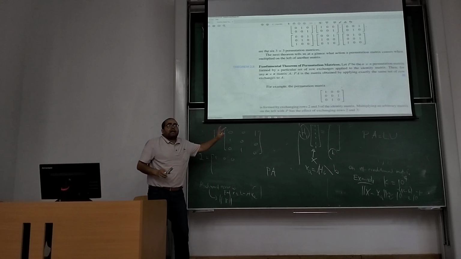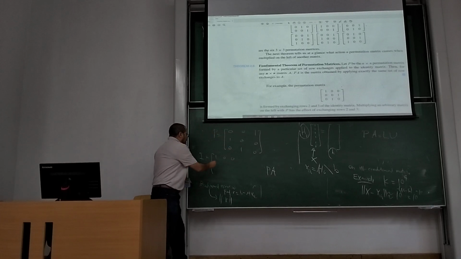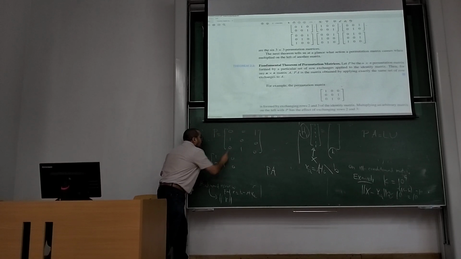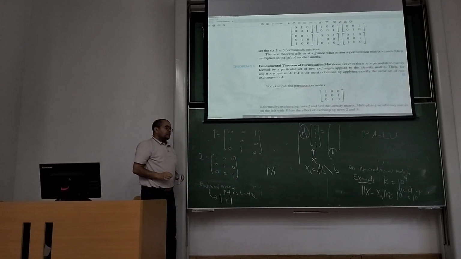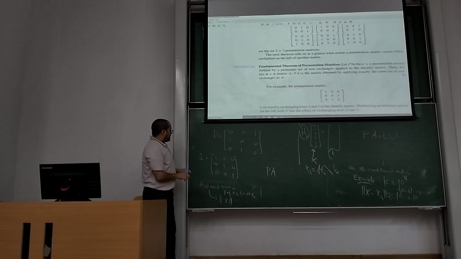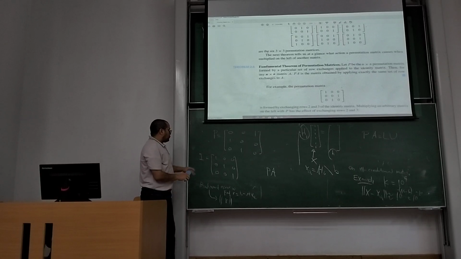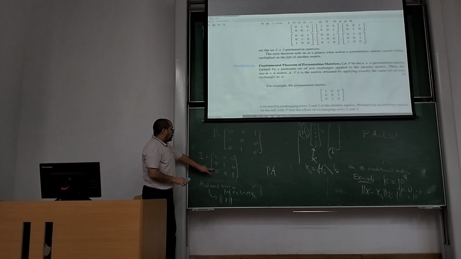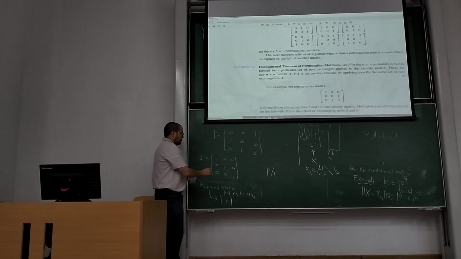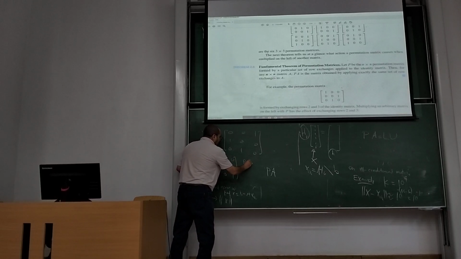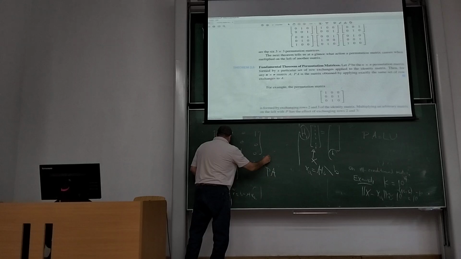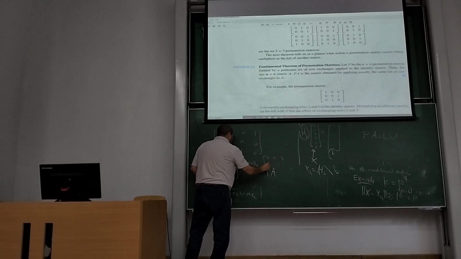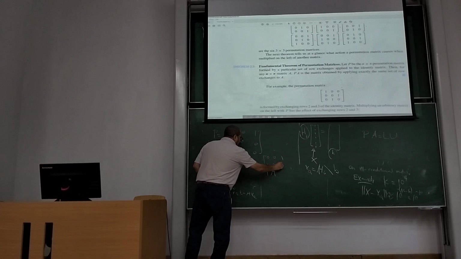So let's try to get what kind of operations are made here in order to get this matrix. What kind of operations? Well, what happens here? I have to swap row 1 and row 3. Is that right? Row 1 and row 3. What else? That gives 0, 0, 1; 1, 0, 0.